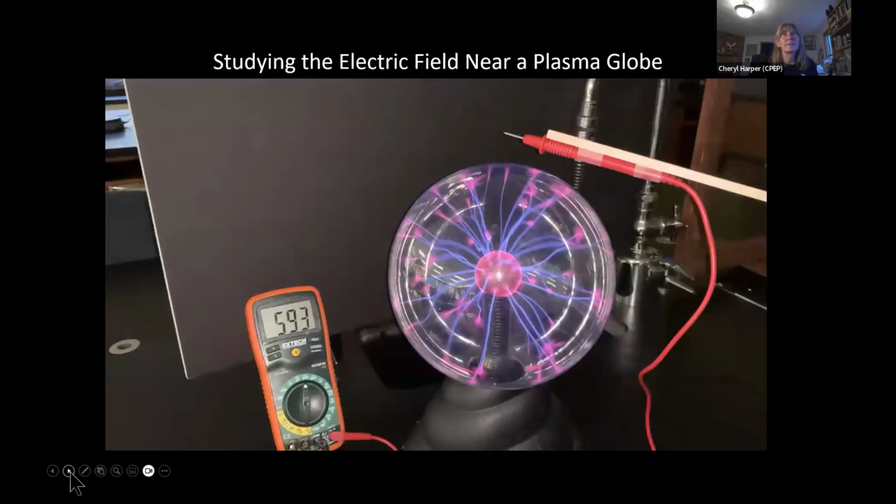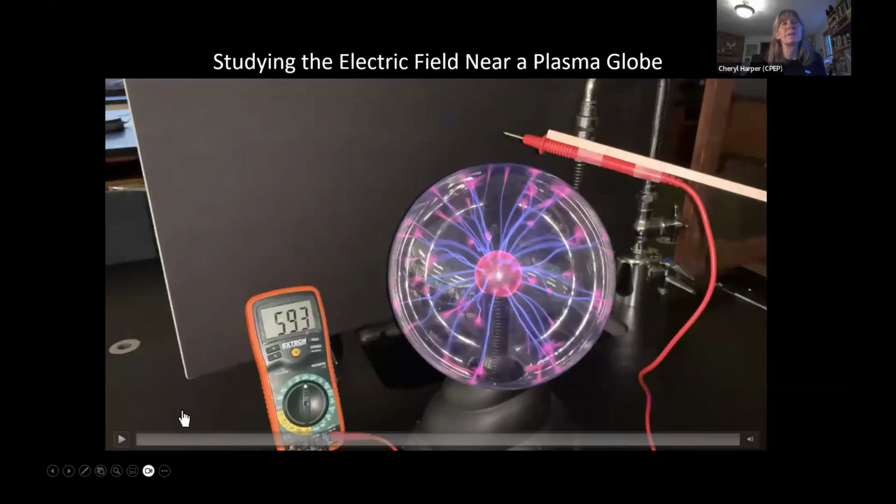And again, this is another one of my favorite ones to use with the kids when we're talking about electric fields in AP Physics. The activity, again, is online, but you can use a multimeter and a plasma globe, and as the video will show, we have a probe that's on a stick or a meter stick.